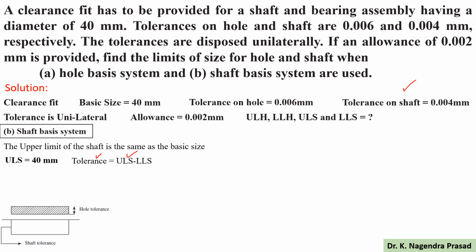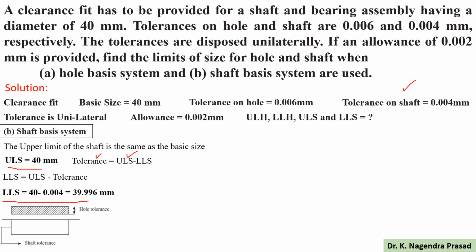Then lower limit of the shaft equals upper limit of the shaft minus tolerance on the shaft. That is, lower limit of the shaft equals 40 minus 0.004, which is equal to 39.996 mm. So in the shaft basis system, upper limit of the shaft equals 40 mm and lower limit of the shaft is 39.996 mm.